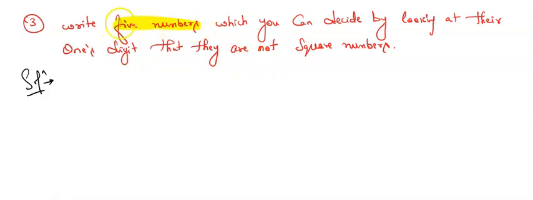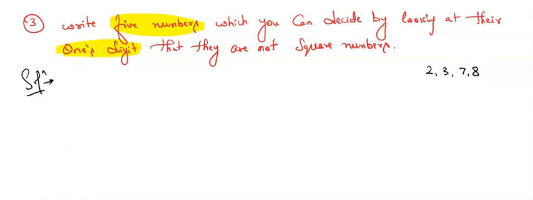Here the question is, you have to write 5 numbers. You have to write your own 5 numbers, looking at their ones digit, meaning unit place, that they are not square numbers. Write any number which ends with 2, 3, 7, 8. Write any 5 numbers.